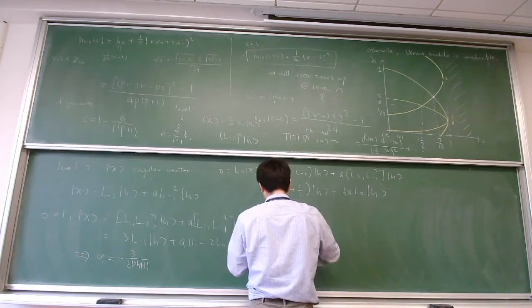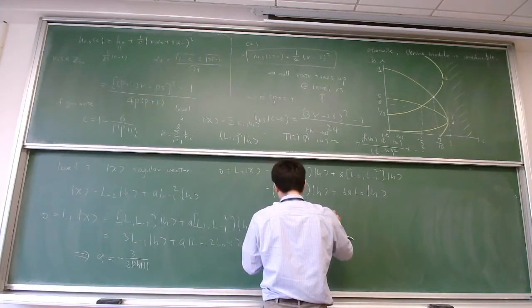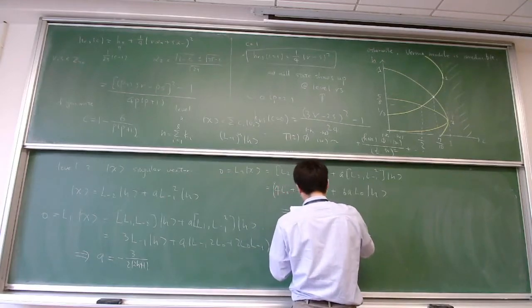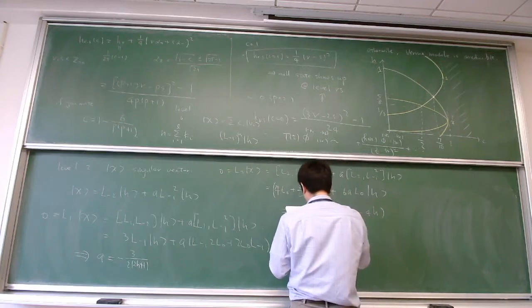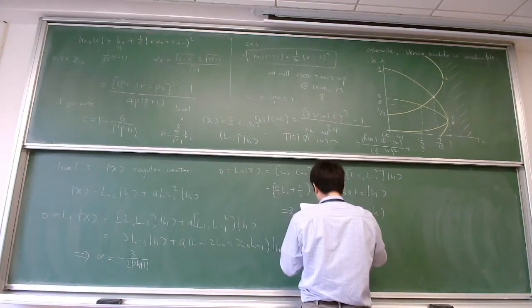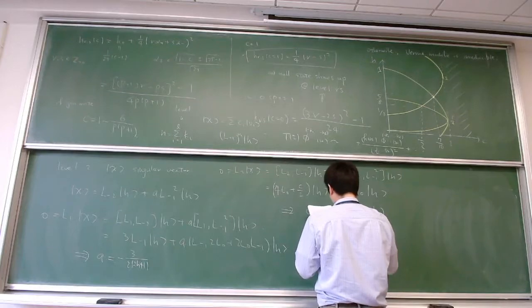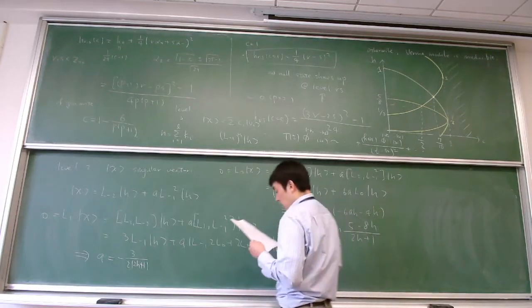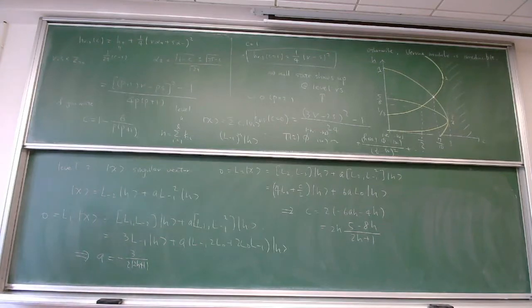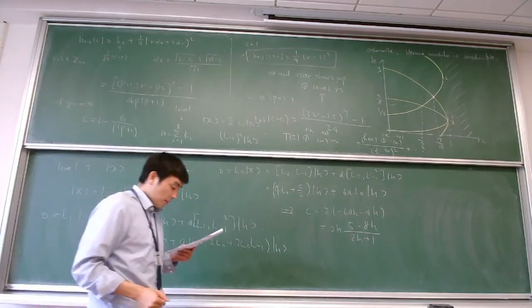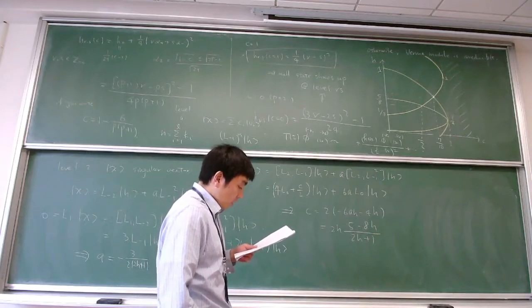The relation between C and H: C is equal to 2 minus 6AH minus 4H, and this is equal to 2H(5 minus 8H) over 2H plus 1. Okay, so this is a relation between C and H. And then you can just solve this quadratic equation.